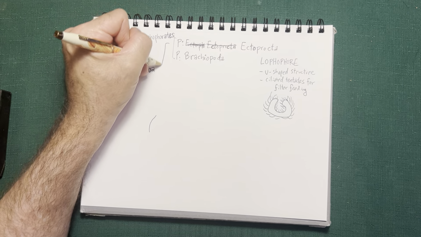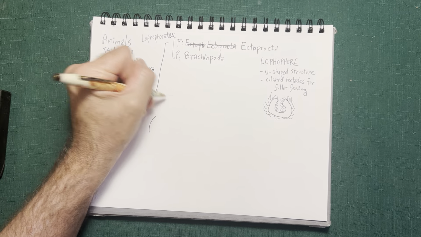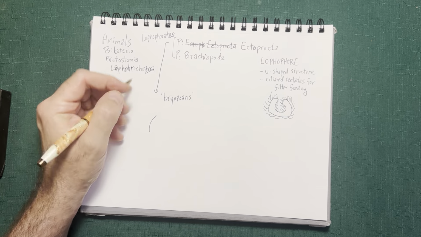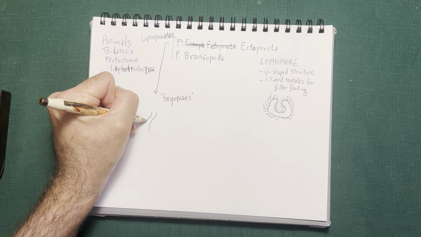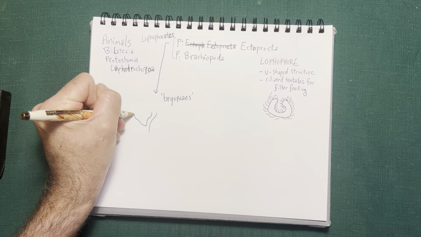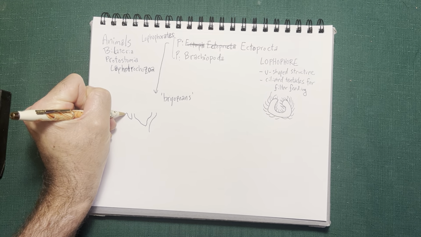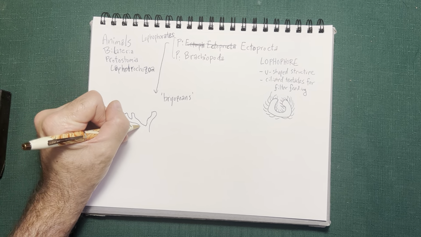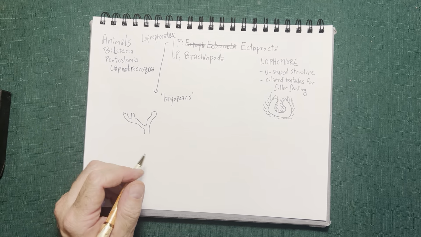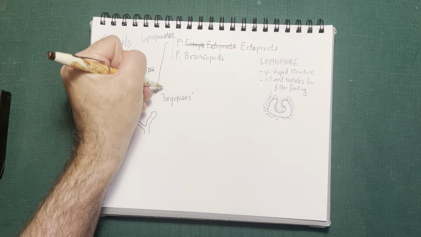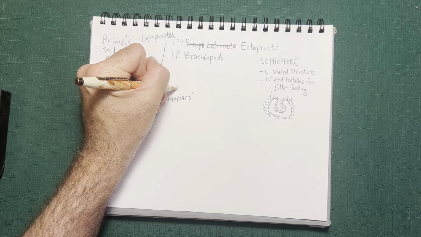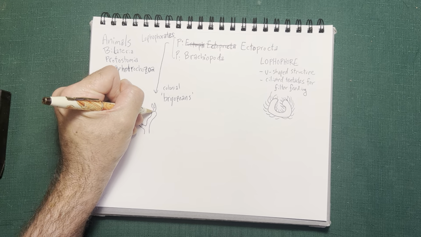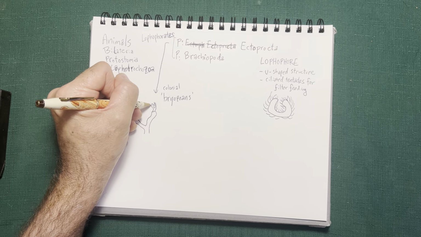Okay, so for the Ectoprocta, these include bryozoans, which are moss animals, and sometimes they can be confused for corals. They can kind of look like corals because they can be colonial and share a single kind of chitinous tube.